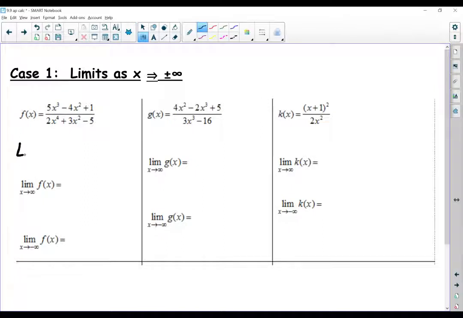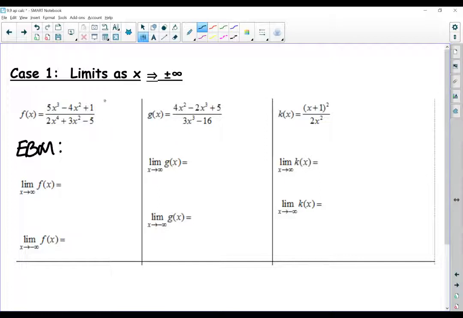The end behavior model is a simpler function that behaves the same as f of x at the ends. This simpler function and f of x have nothing in common at the rest of the graph. At x equals 3, they have nothing in common. At x equals 0, nothing in common. At x equals negative 100, nothing in common. But at x equals infinity, they're going to have something in common.